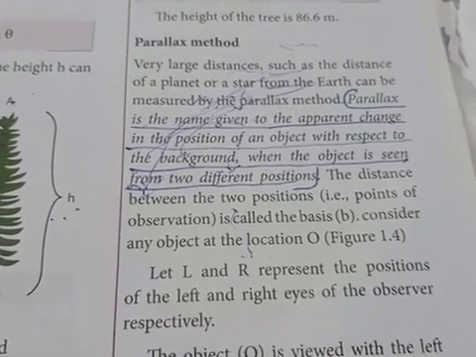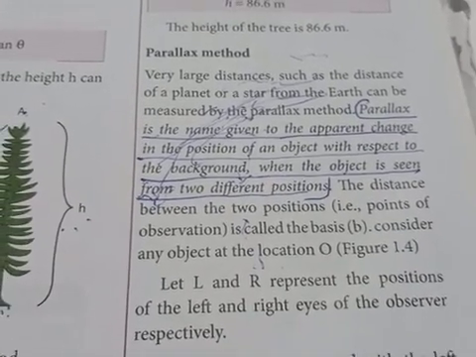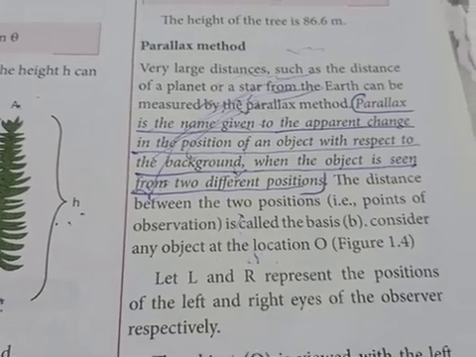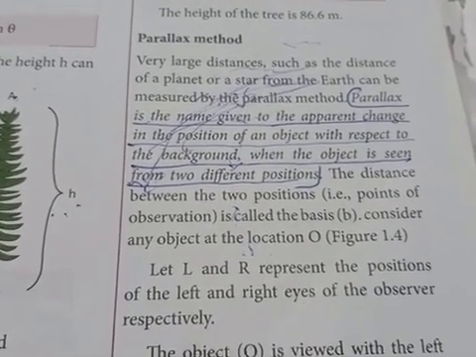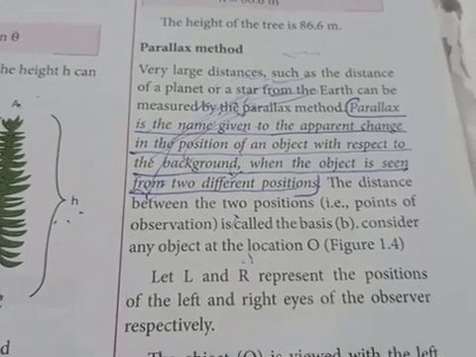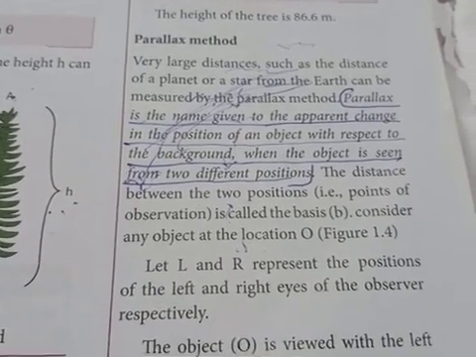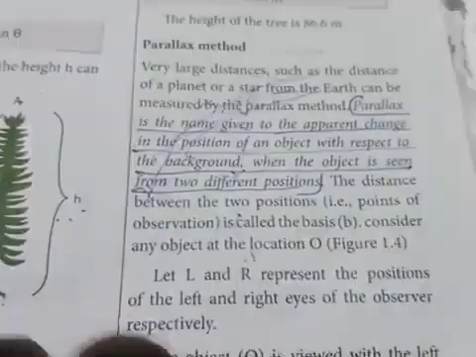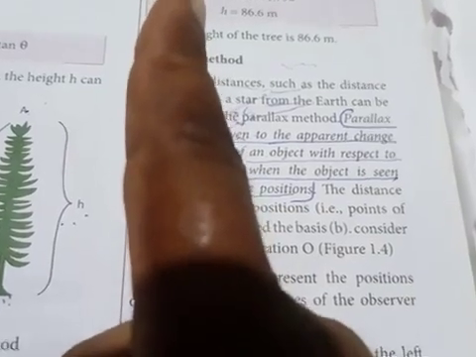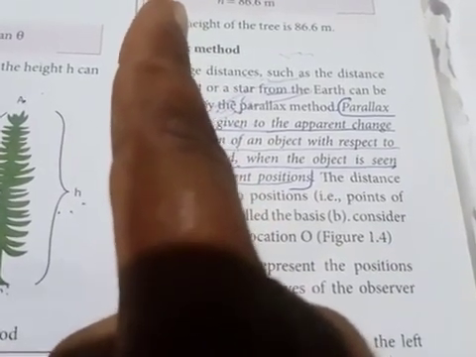You can close one eye, either your left eye or right eye, any one eye, and keep a finger. Take any of your fingers and keep it in front of your eye while closing one eye.